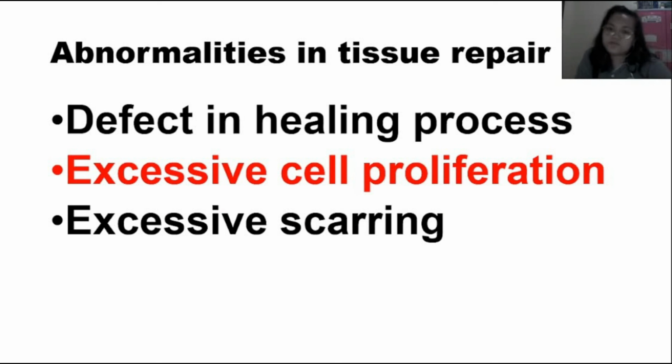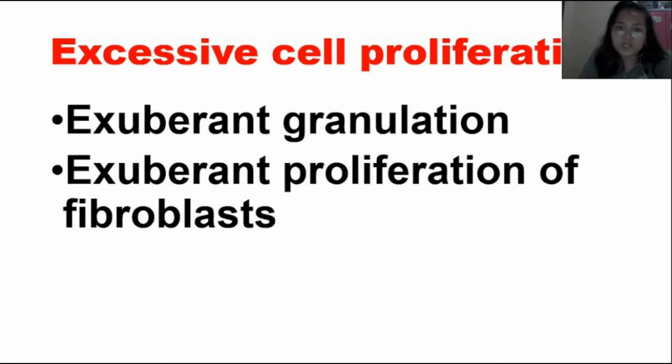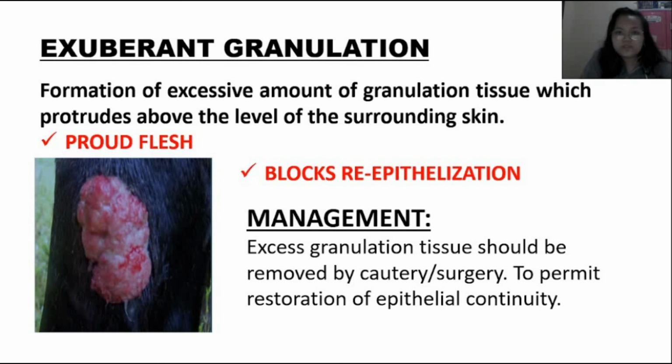Next is excessive cell proliferation. Let's proceed to excessive cell proliferation, and it includes exuberant granulation and exuberant proliferation of fibroblasts. Exuberant granulation, what is this? It is the formation of an excessive amount of granulation tissue which protrudes above the level of surrounding skin.